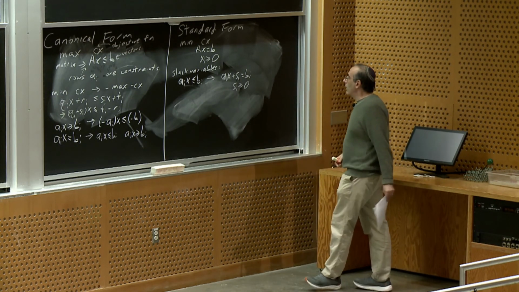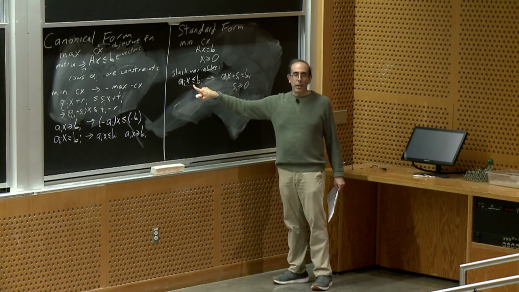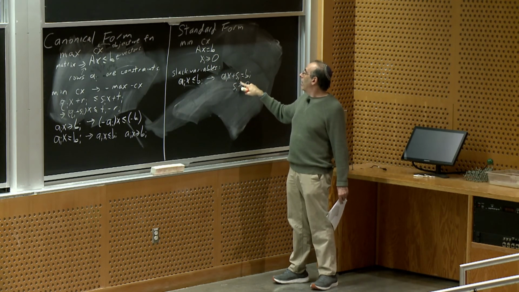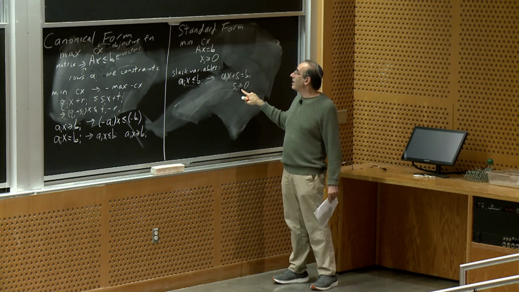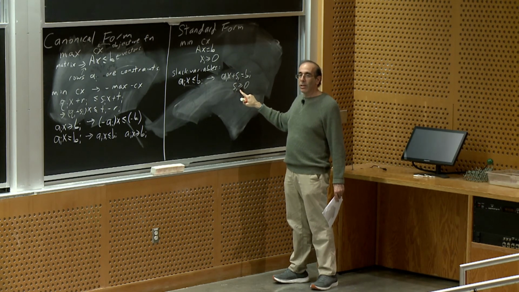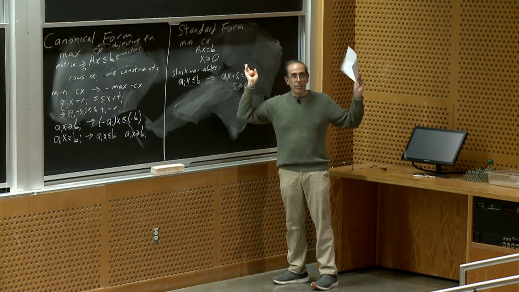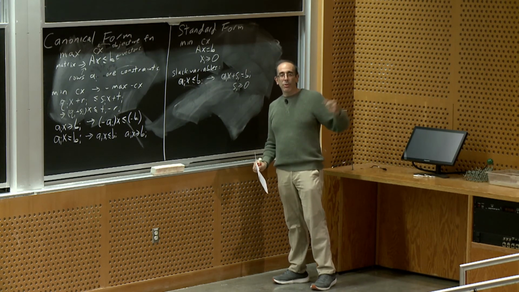Okay, so this means that we get rid of all of the inequality constraints and turn them into equality constraints along with some non-negative slack variables. But this still isn't standard form because some of our variables might still not be constrained to be greater than or equal to 0, right? If I start with an arbitrary linear programming problem, well, there might not be such rules for some of the x_i's.